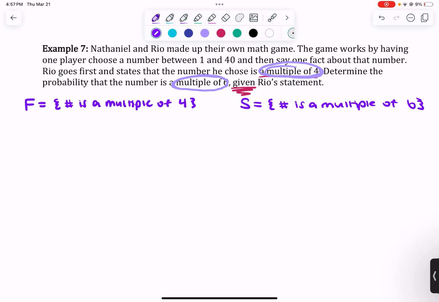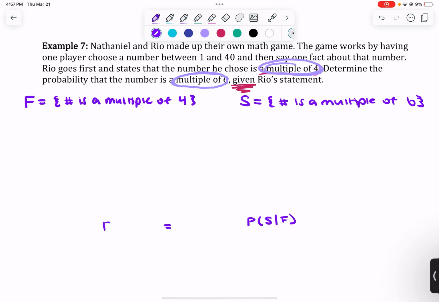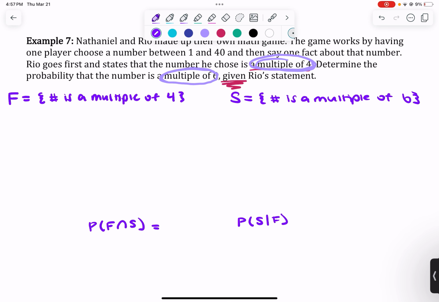And realistically, I'm going to leave a big gap in the middle here. But what we're looking for is the probability that it's a multiple of 6, given that we know it's a multiple of 4. So that conditional probability is what we're looking for. Now, the only way we've talked about finding conditional probability is if I'm part of this formula where I know the probability of both happening, the number being a multiple of 4 and it being a multiple of 6.